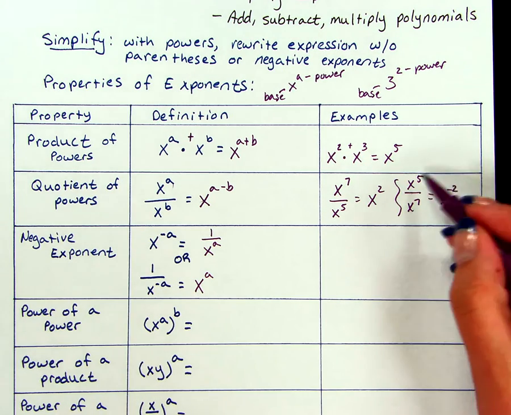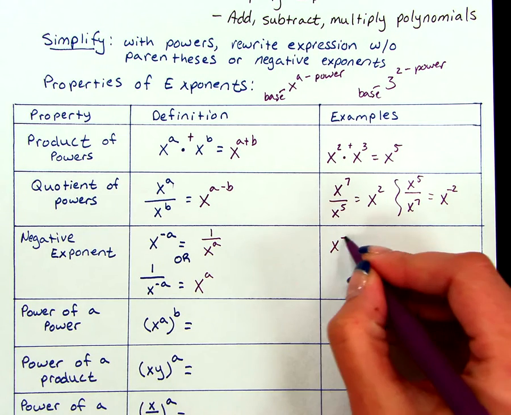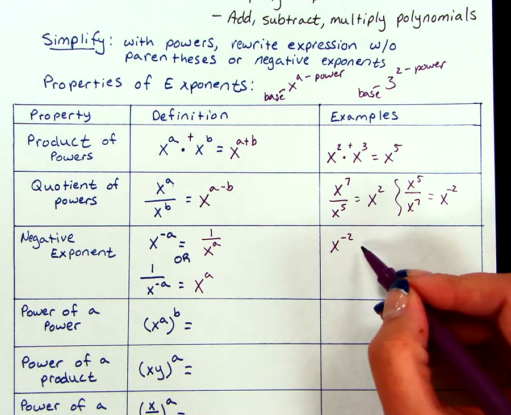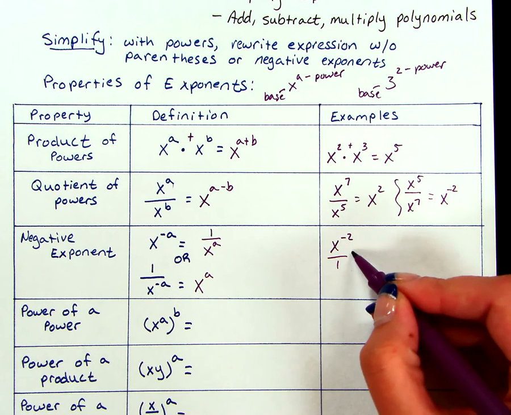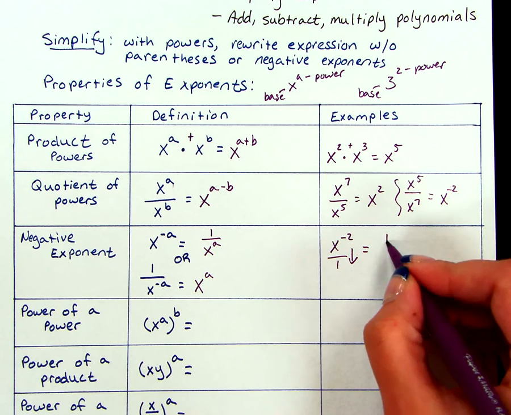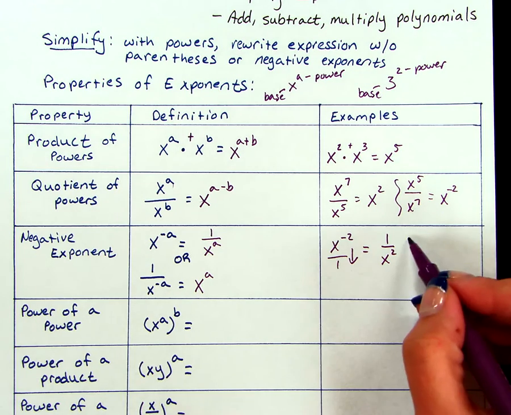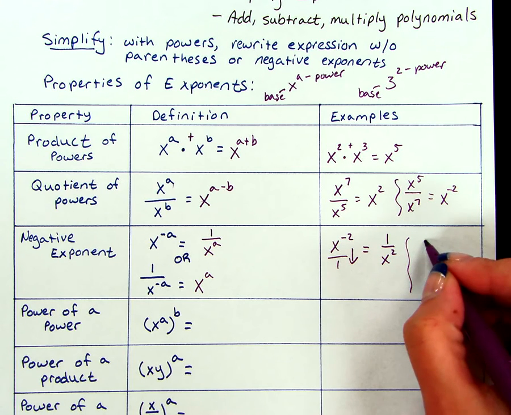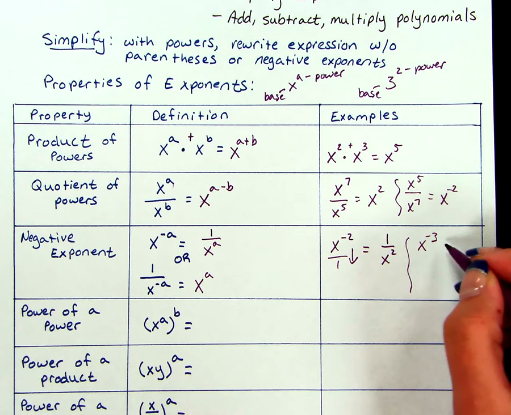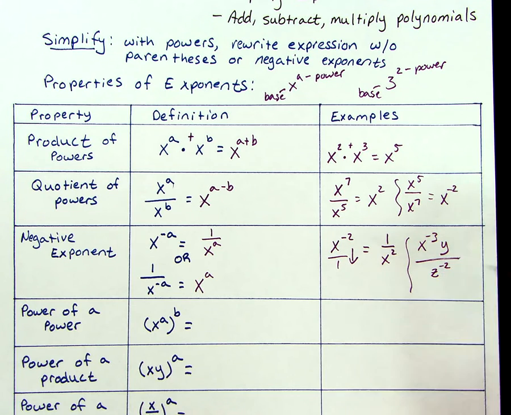Okay, so if we go back to this example, again, if I have x to the negative 2, when we simplify, we would make our own fraction. We're going to move that entire term down to the denominator. So this would become 1 over x to the positive 2. Okay. And if you have more than 1, let's say we had x to the negative 3y divided by z to the negative 2.